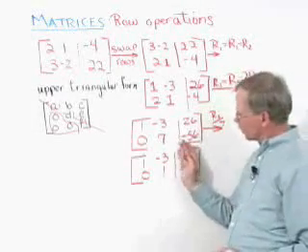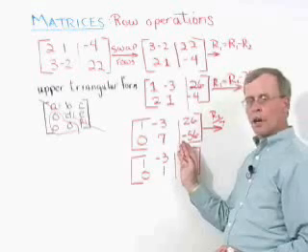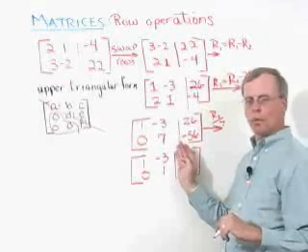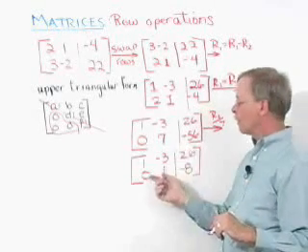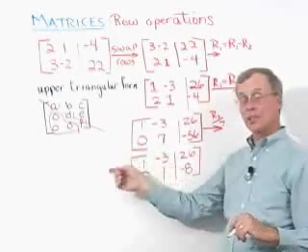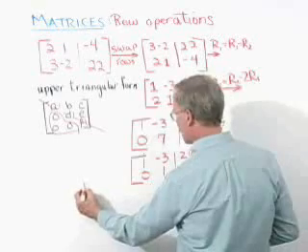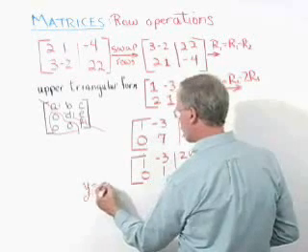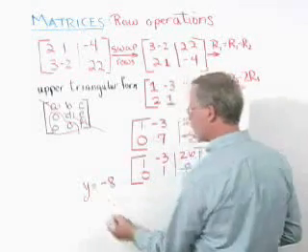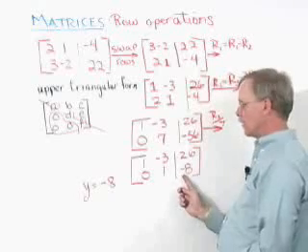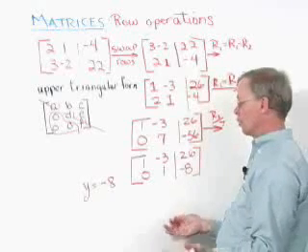This looks like it's in upper triangular form. And if we translate this back into our equation system, what we have now is that y equals -8. 1y equals -8. Well, that's a solution, or part of one.